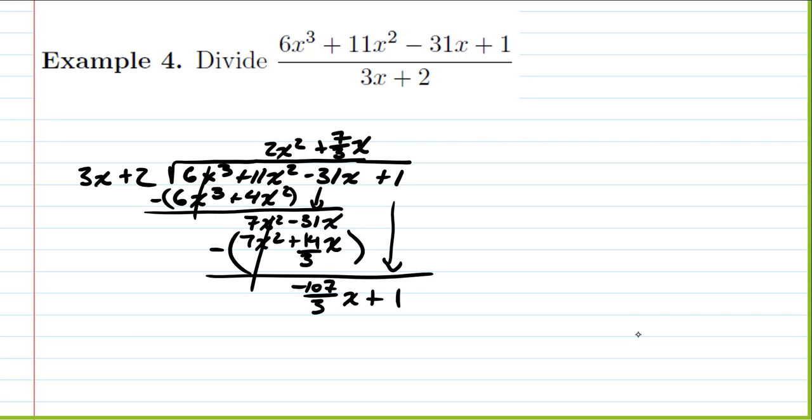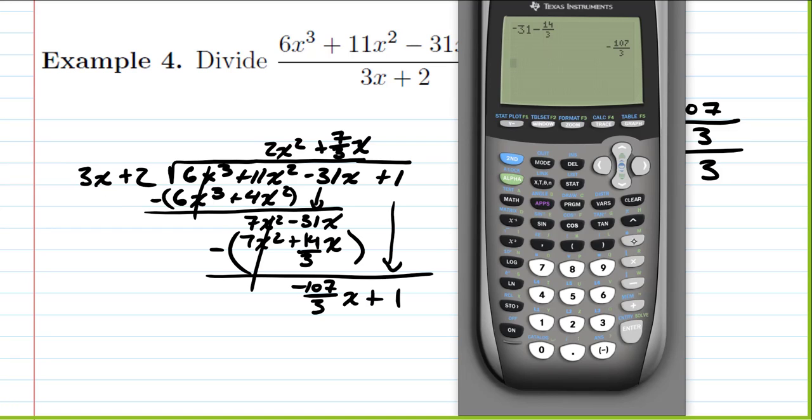So what times 3x is going to give us negative 107 over 3? So think of it this way, 3 times what equals negative 107 over 3. So we'd have to divide both sides by 3.